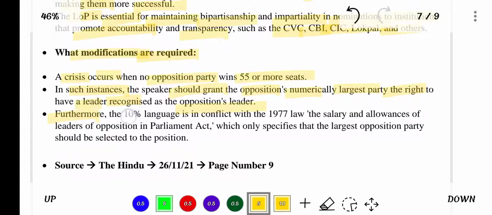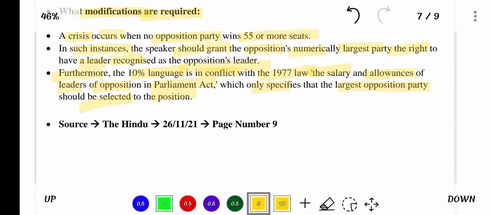Furthermore, the 10% language is in conflict with the 1977 law, the Salary and Allowances of Leaders of Opposition in Parliament Act, which only specifies that the largest opposition party should be selected to the position. So hence there is a clarity needed on the same. Source of this news is The Hindu.